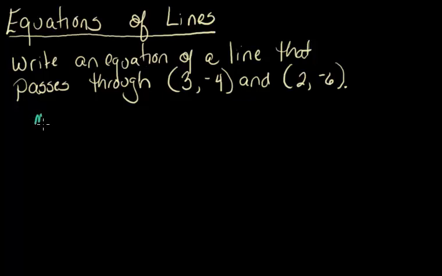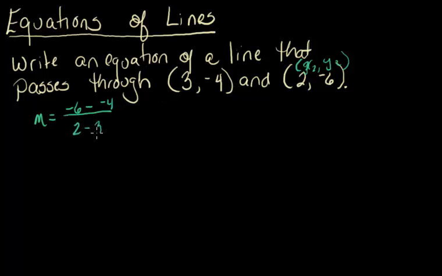First we're going to find our slope. This is going to be my x sub 2 and my y sub 2, so I'm going to say -6 minus -4. My formula for slope is y sub 2 minus y sub 1 over x sub 2 minus x sub 1.